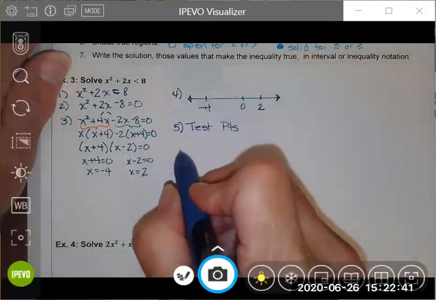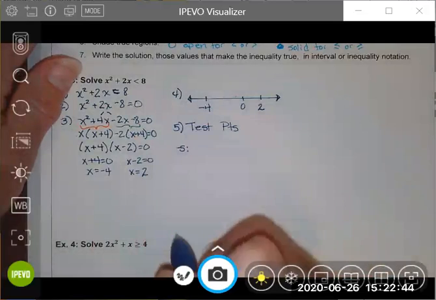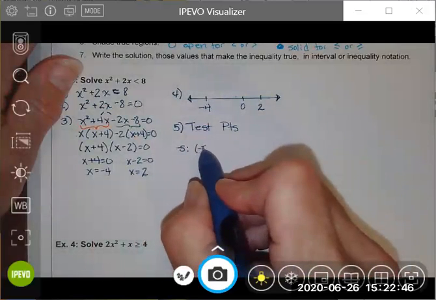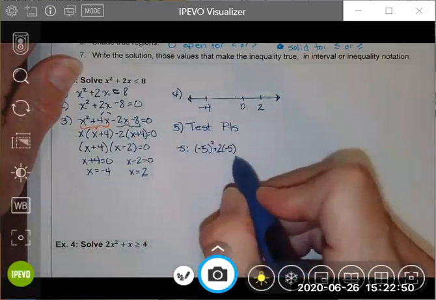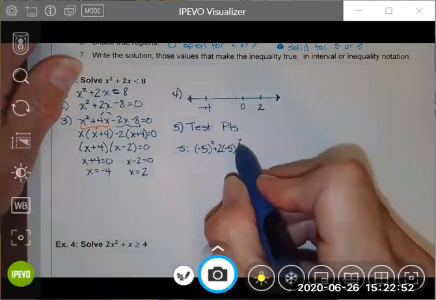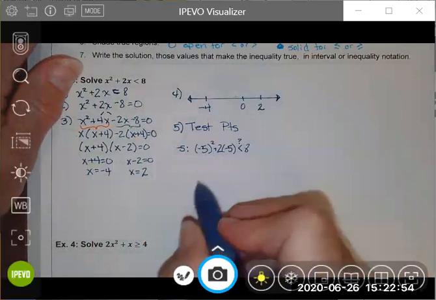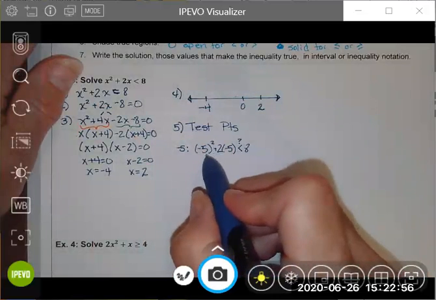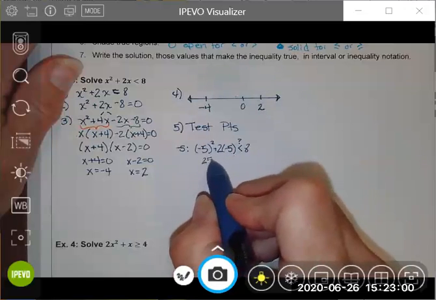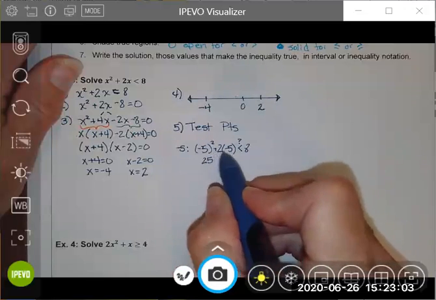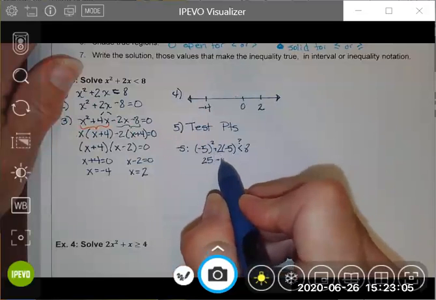If I substitute -5 in for x, then I get -5 squared plus 2 times -5. And I'm asking myself, is that less than 8? -5 squared is 25. 2 times -5 is -10.